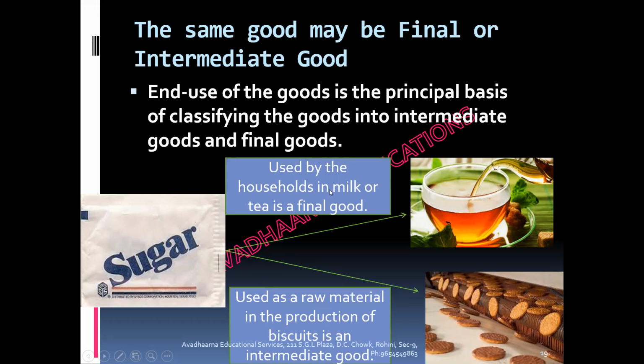When sugar is used by the household in milk or tea, it's a final good. Whereas when this sugar is used by a baker as a raw material in the production of biscuits, it is going to be termed as an intermediate good. So the good is the same, but the end use of the product is going to determine whether the good is a final good or an intermediate good.